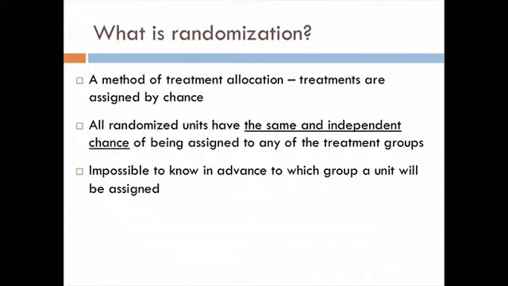And the key is that a really important thing, and we'll talk about why, is that you want it to be impossible to know in advance which group a unit will be assigned to. So you absolutely do not want a case where, say, you go through your class alphabetically, first student is intervention, next student's control, because then you're going to be able to say, oh, I can see the 20th student down there and they're going to be assigned to intervention, right?